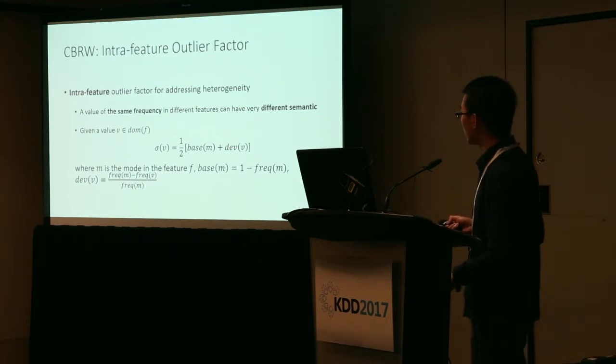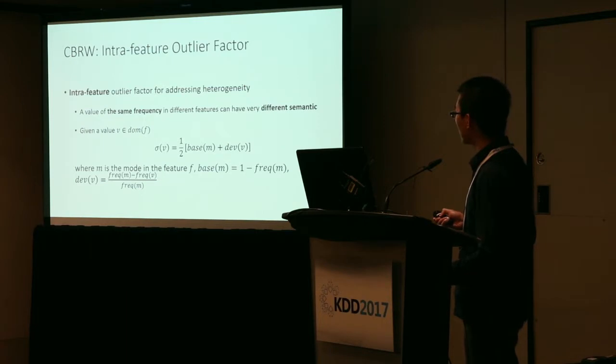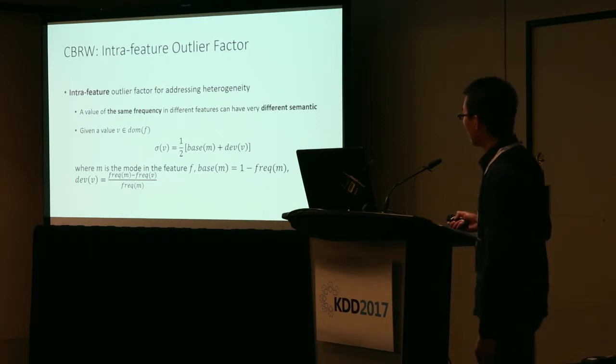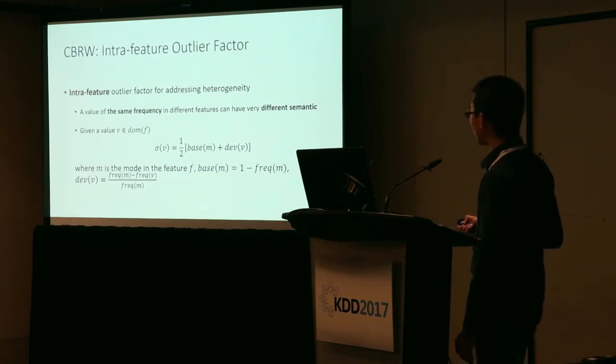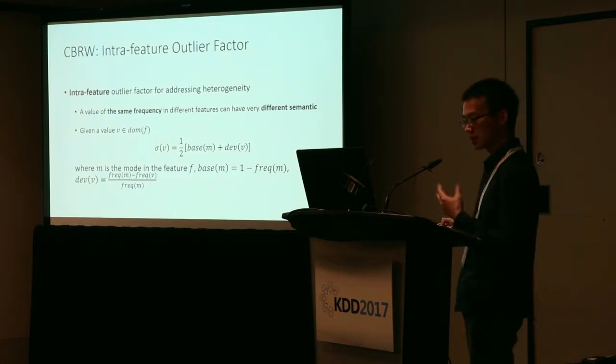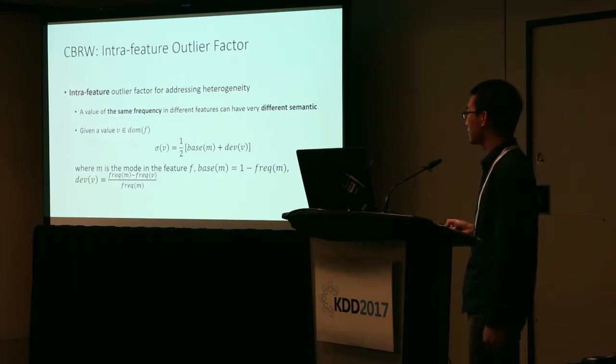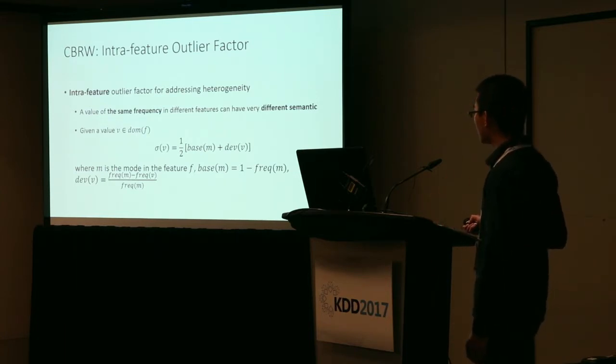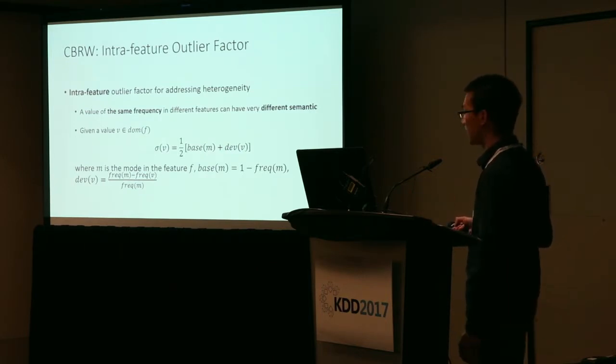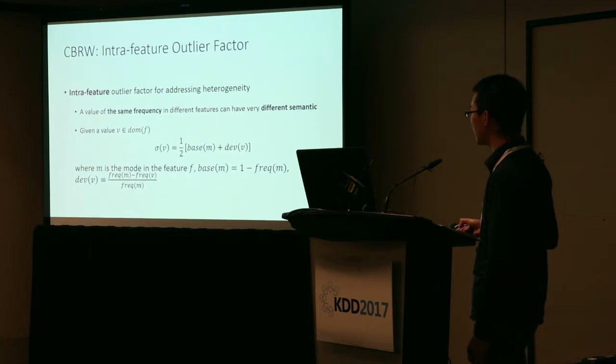For the intra-feature outlier factor, the motivation is here. A value of the same frequency in different features may have very different semantics, meaning they have very different outlierness. In order to capture this difference, we use a normalized way to calculate the value outlierness within each feature.